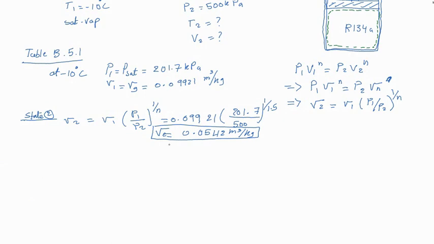In order to calculate the temperature, we need to find where we are in state number 2. So we go to table B5.2, and we need to check at 500 kilopascal the specific volume just calculated and compare it with the specific volume of the liquid and that of the saturated vapor.